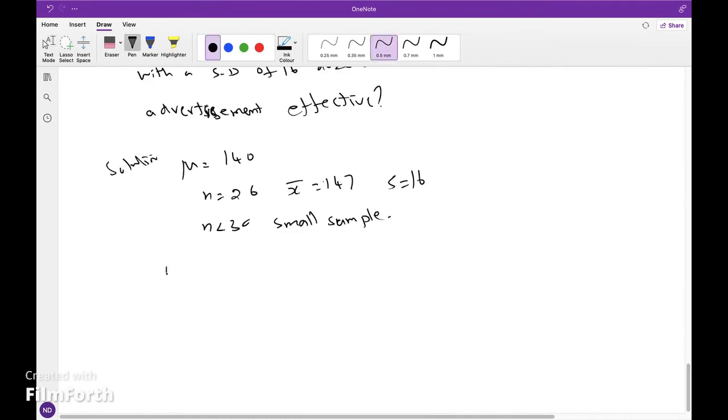So hypothesis: mu equal to 140 dozen. The alternative hypothesis is mu is greater than 140 dozen. Here we can use one-tail test.